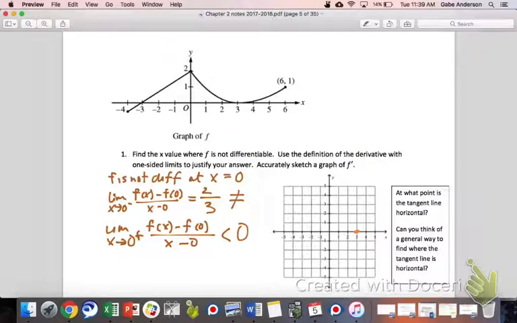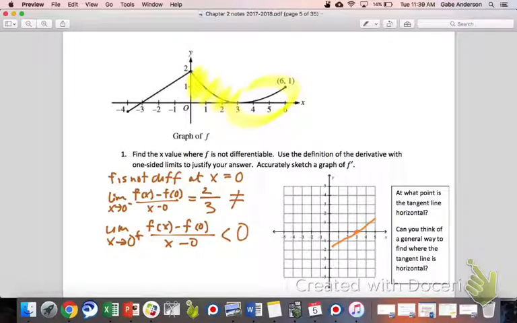So how is that going to work? Something's not going to exist there. Let's go ahead and graph just the nice smooth curvy part on the right. On this interval here, what would you say about f prime? Negative. And the other interval over here? Negative would look maybe like that. Positive would be like that.